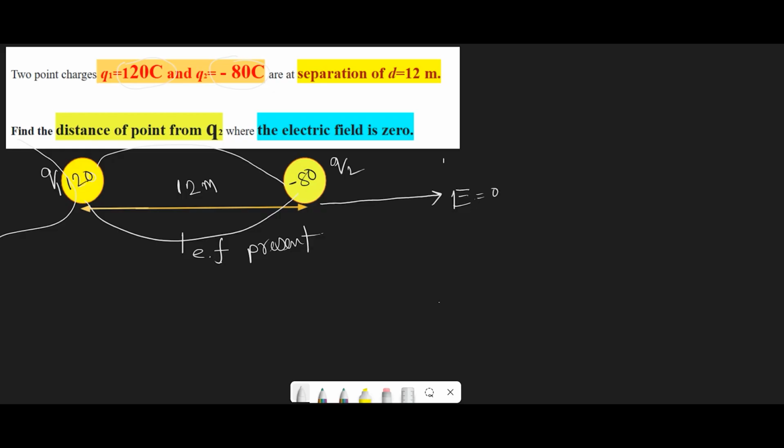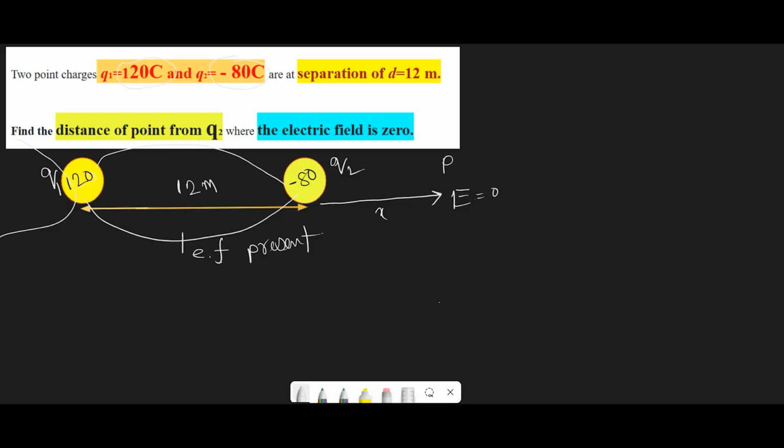Let's say this point is P. And from Q2, which is what we have to answer from the question, that is X. So from Q2 at a certain distance X the electric field will be 0.